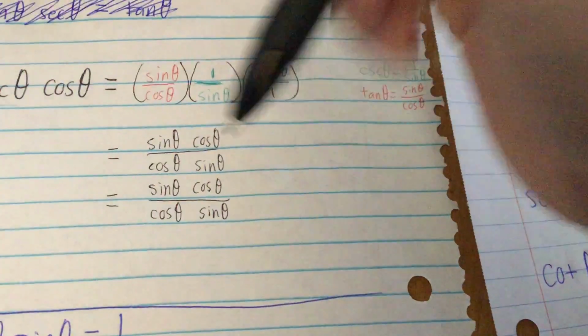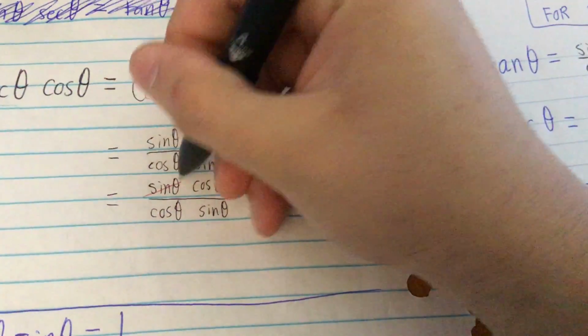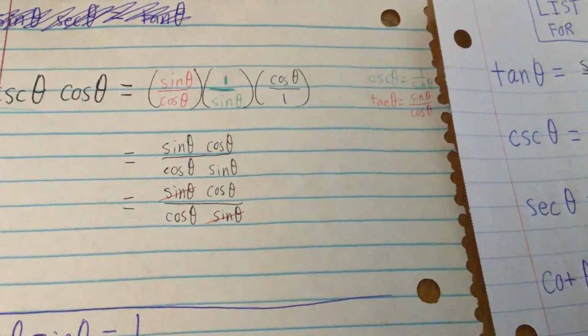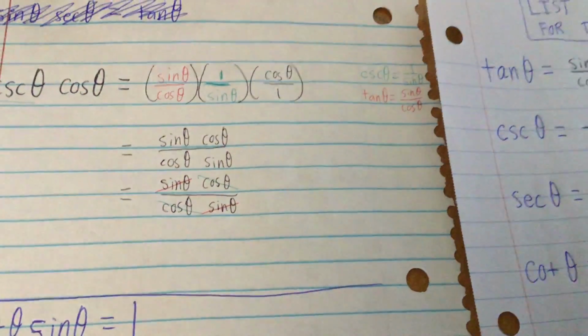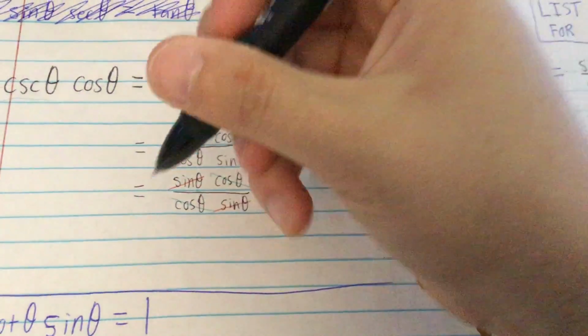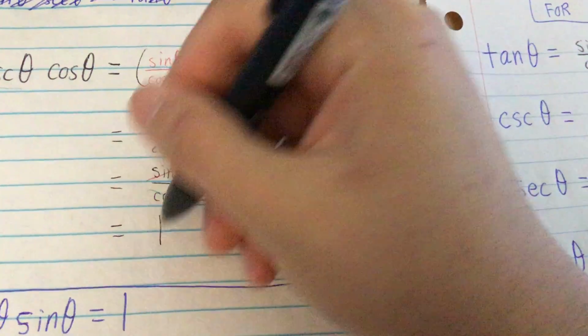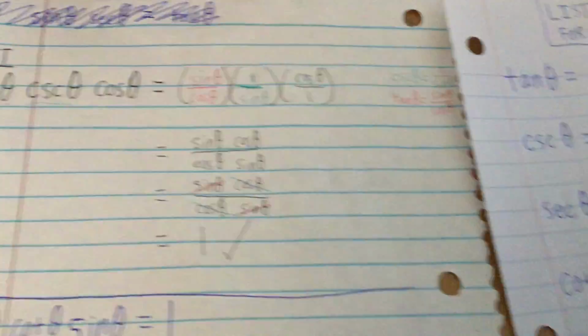Okay, we've got a sine on the top. That cancels out with sine. And we've got a cosine on the top. That cancels out with the cosine on the bottom. So if everything on the top cancels out with everything on the bottom, that means that we've got 1 over 1, or 1.